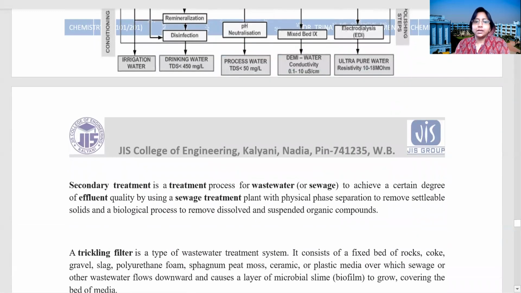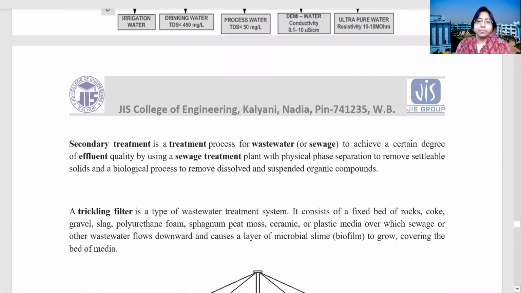So this is the primary treatment you have understood. In the primary treatment, basically we remove the large particles or dust materials and a few suspended solid particles. But the organic matter is not removed. For this reason, we require the secondary treatment.